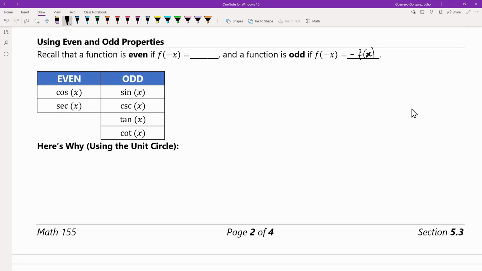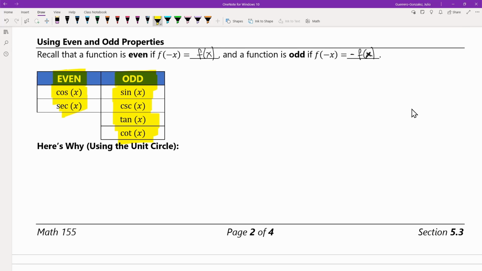If you plugged the negative x into f and got the original, flat out original value, then you had something that was even. So it turns out all our trig functions have the same sort of grouping. Even functions are cosine and secant, and the odd functions are sine, cosecant, tangent, and cotangent. Notice how they're grouped.